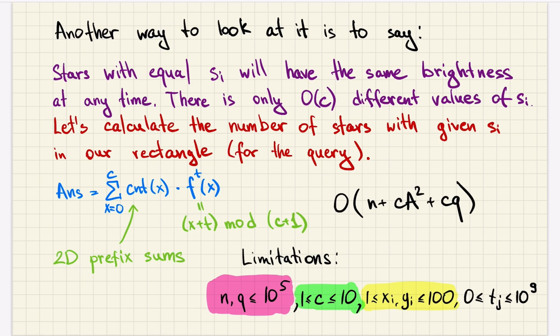So if we do all that, it works. It's a bit slower per query. Now, for each query we have to try all the values of initial brightness, and there are a few of them.